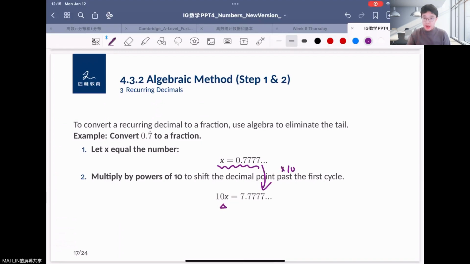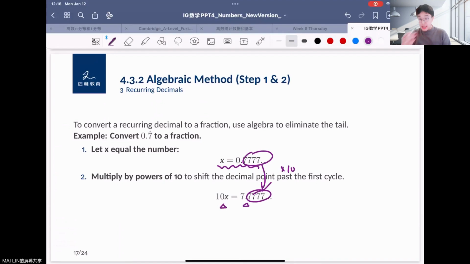So here it becomes 7.7777, a lot of 7s after the dot. We know that recurring decimals mean there is a repeating part, so there are unlimited 7s here and also unlimited 7s in the other number, so their decimal parts are equal to each other.